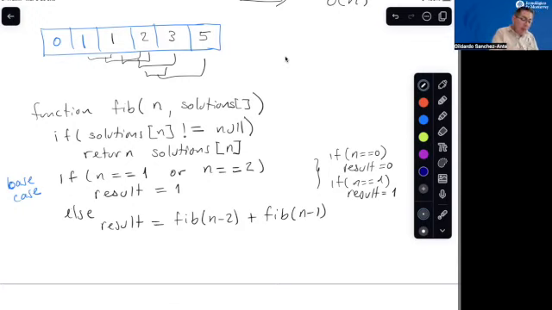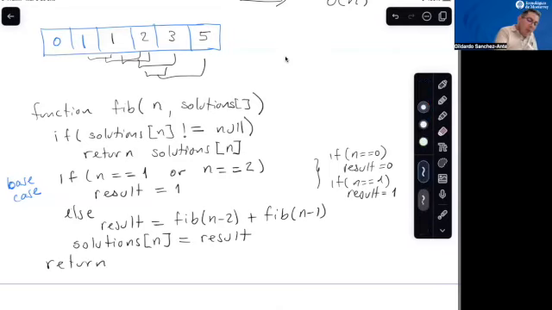And then I will also, once I get the result, I will have to update my table. And that's it. Return result.